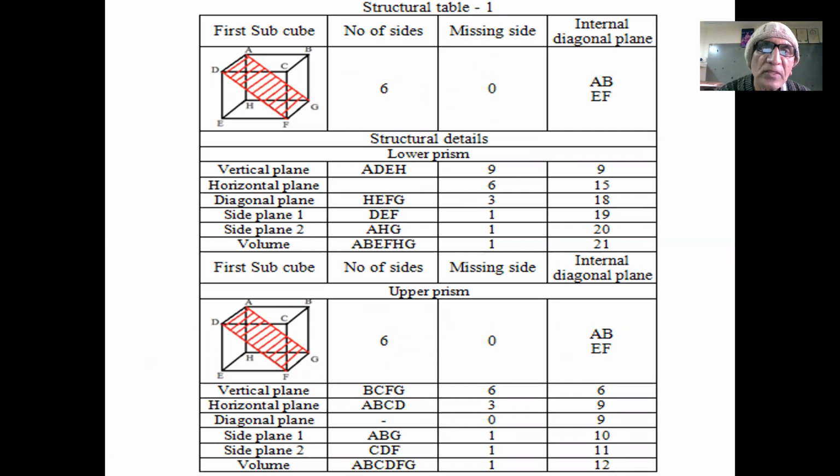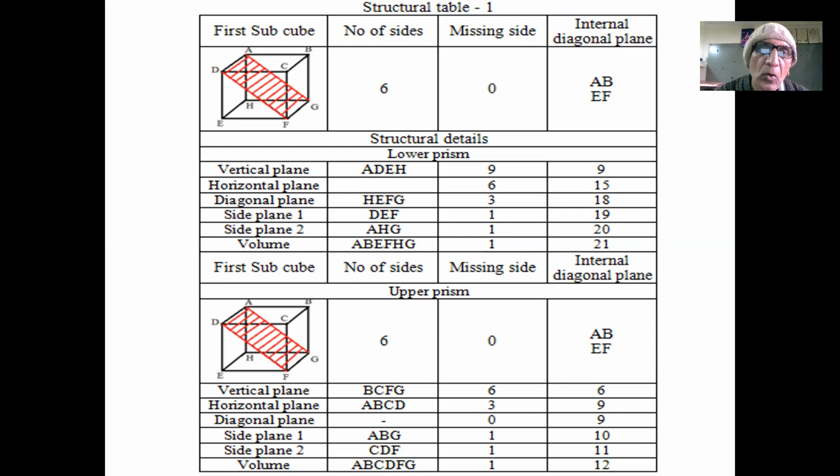Here, all the 6 sides surface plates are intact, and the internal diagonal plane ABEF is the separation plate of a pair of prisms setup of this subcube.